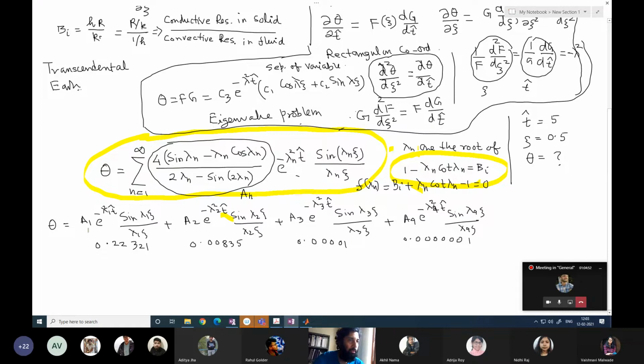Put these lambdas here, get A1 and these values. Then you just add those up, you will get your theta. Never go beyond 4 terms, because this series is converging very quickly.